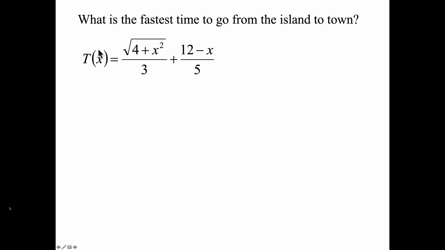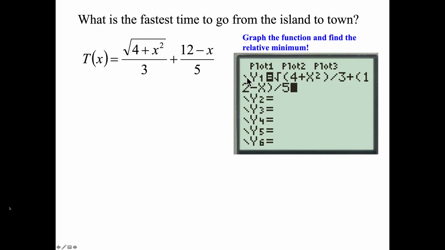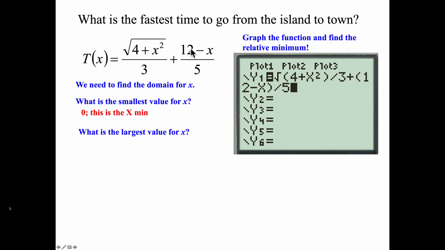Again, take your function and type it into y1. Again, you can use that alpha y equals fraction shortcut to type it in, plug it in, graph it. Again, talk about your window for your x's. We're going to go from 0 to 12 for your domain.